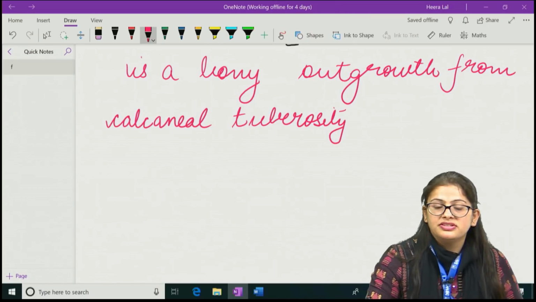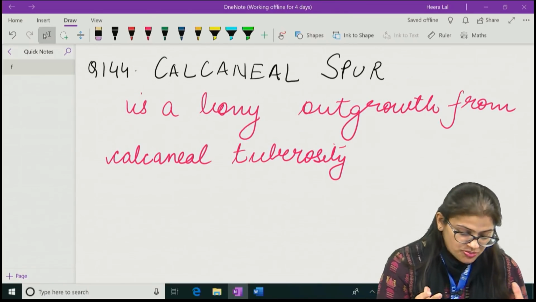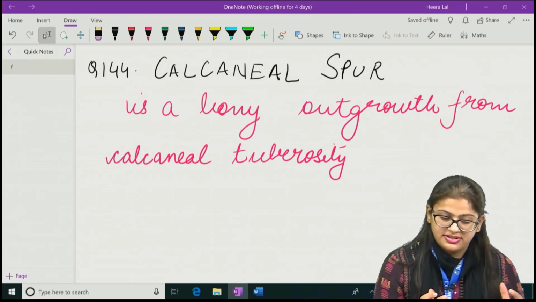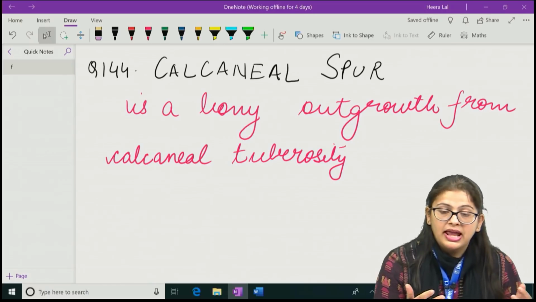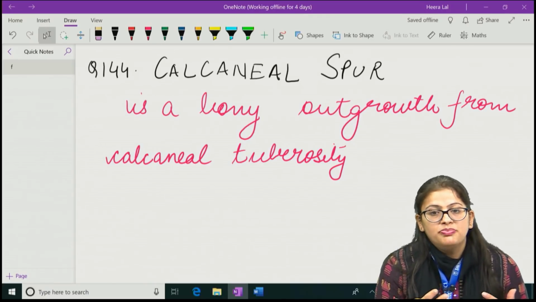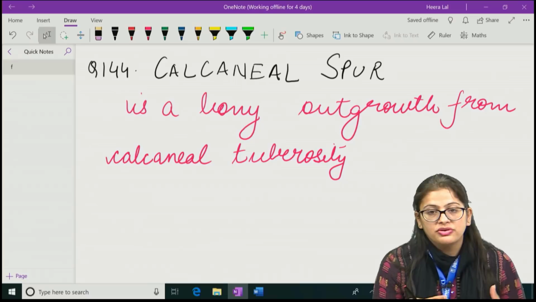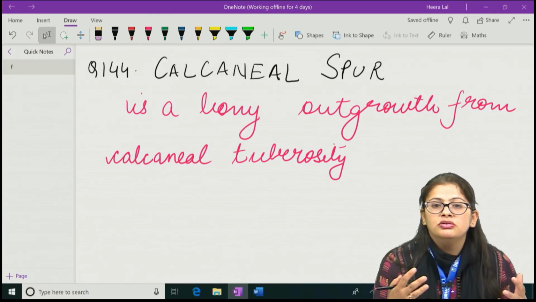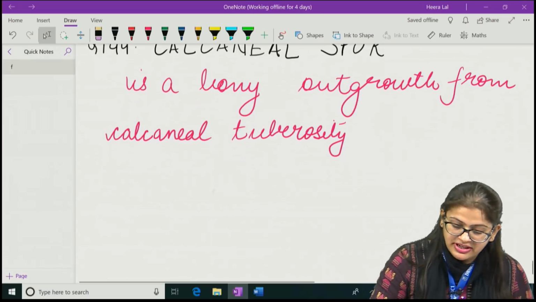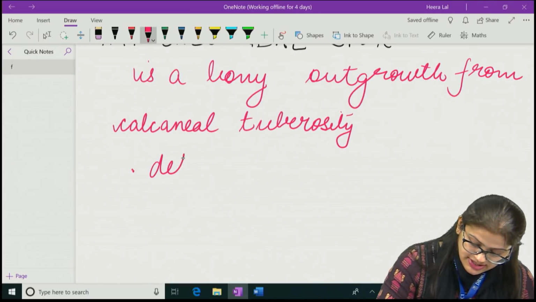So what happens is, when the foot is exposed to constant stress, calcium starts depositing on the bottom of the heel, and though they may not cause any problem to the individual, because of repeated stress these deposits keep increasing and they form a bony outgrowth which can be detected only on an X-ray examination.